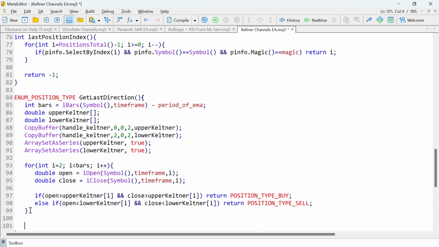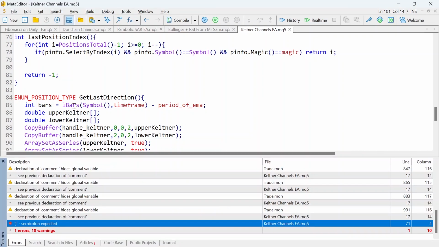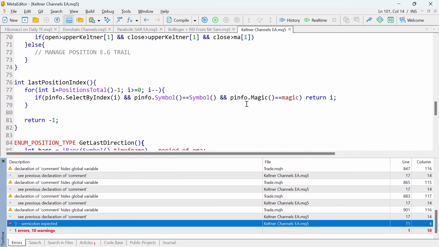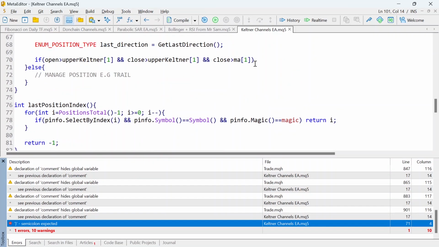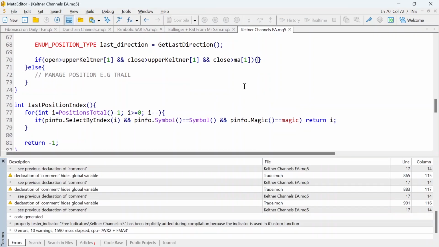And in the case where it is unable to retrieve any, you can just return maybe -1. Hopefully we can do that. Oops. Let's see. We have an error on 71. Okay, this error. So let me just compile. Okay, so we can return -1.